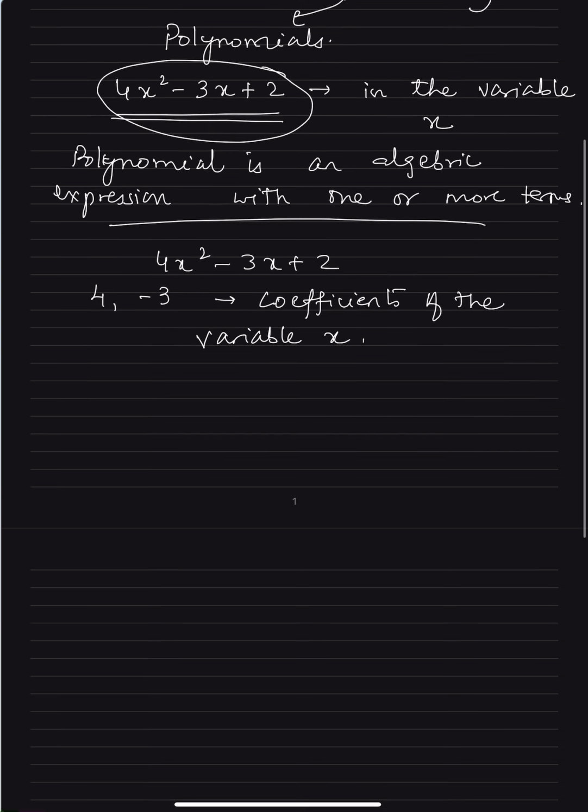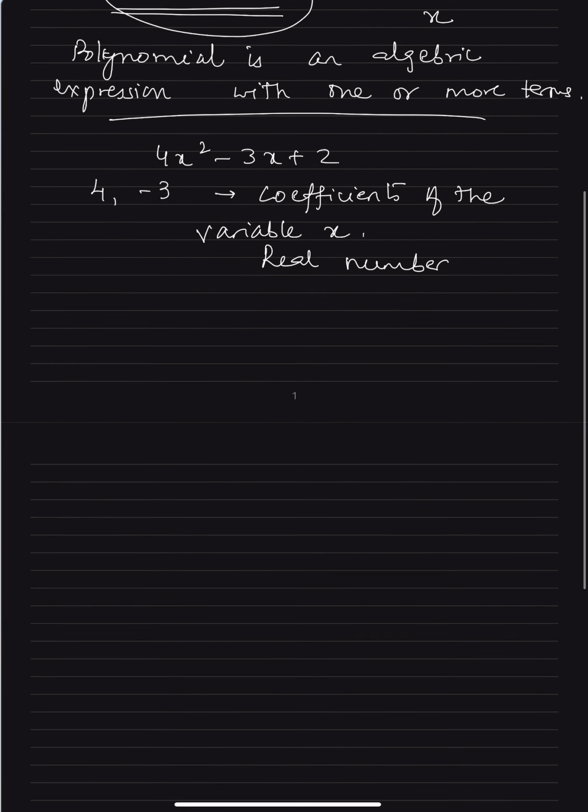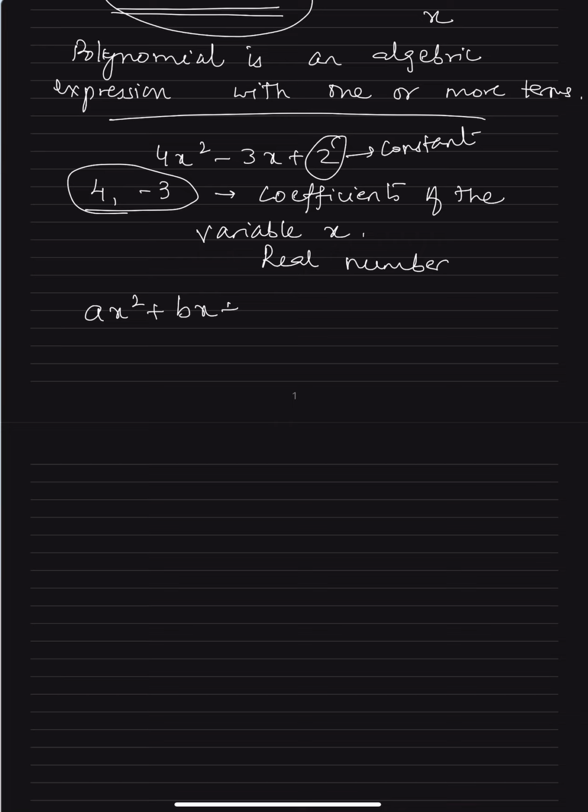And these coefficients are always real numbers. And here 2 is the constant. 4 and minus 3 are the coefficients of the variable x and 2 is the constant. This algebraic expression is in the form of ax square plus bx plus c. Here c is nothing but the constant.